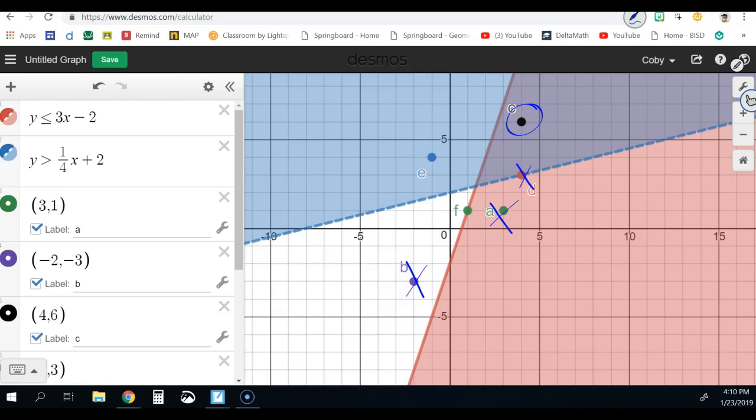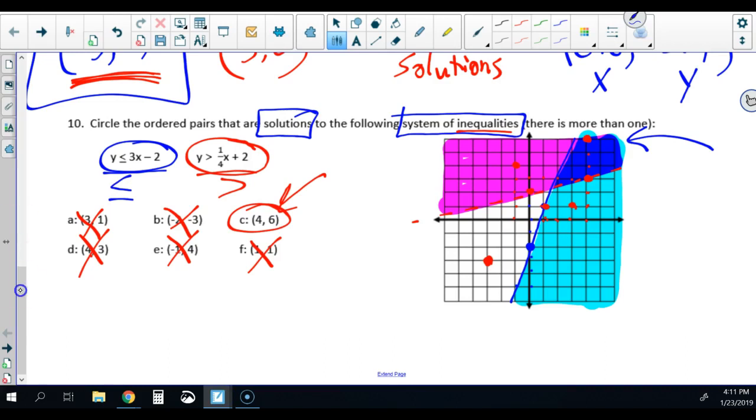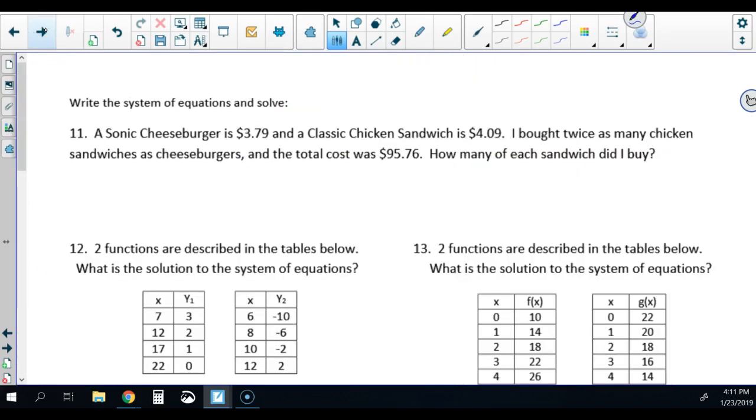That's the equal to, and it's not equal to, it's only greater than, so not a solution. E is over here in one, but not the other. F is on one of the lines, but not the blue. It's not in the blue shaded. So our only solution is point C there.